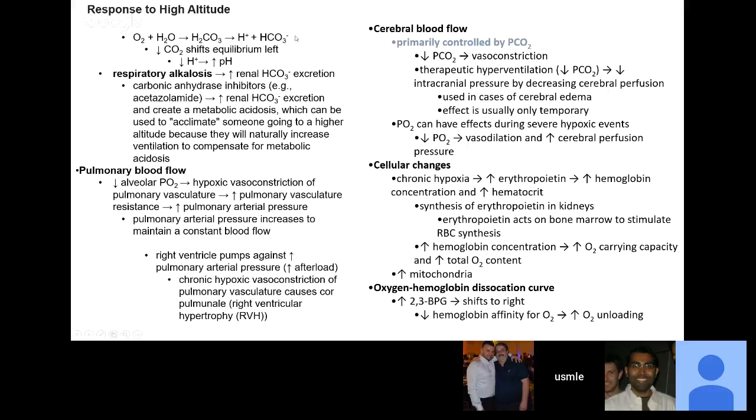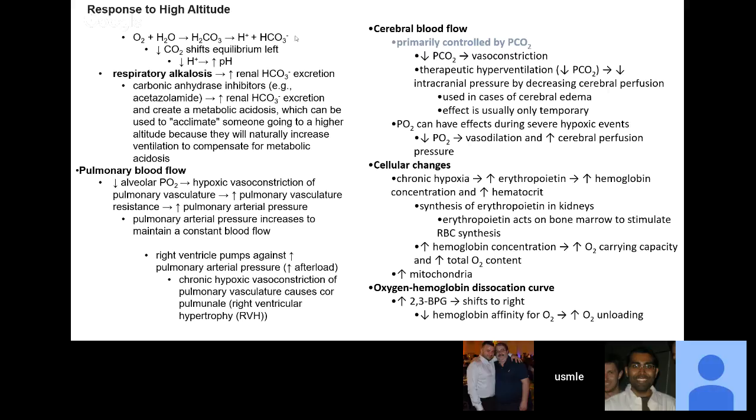So the decrease of CO2 is shifting to the left, and we're going to see this as a graph for that, the oxygen hemoglobin dissociation curve. So you're going to eliminate as much as possible of H+, which increases the pH, which gives you respiratory alkalosis. So the kidney is contributory to that.